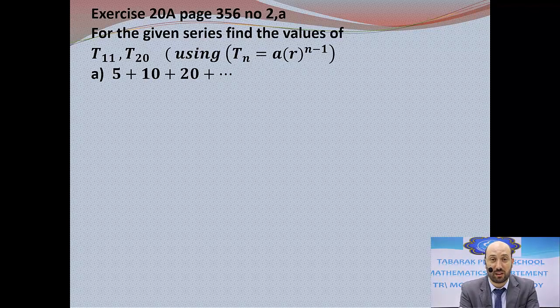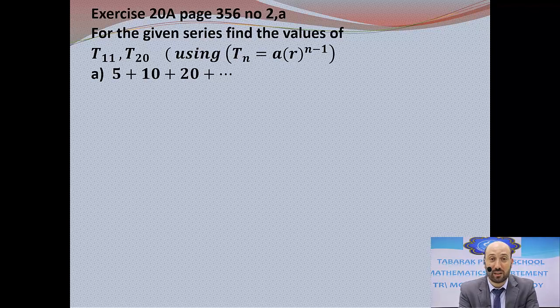Do we have the same difference between the terms? Let's try it. 10 minus 5 equals 5. 20 minus 10 equals 10. So the first difference was 5, and the second difference is 10. So here we have different values, so it is not an arithmetic series.